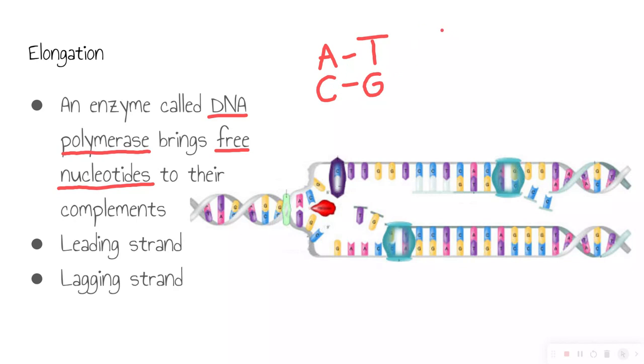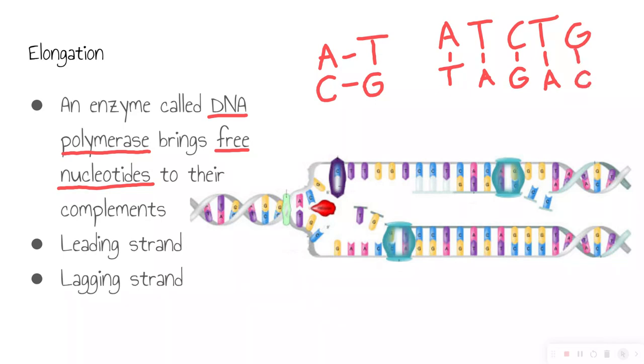So if we have a DNA strand that goes A, T, C, T, G, we're going to bring in a T to match with the A, an A to match with the T, a G to match with the C, an A to match with this T, and a C to match with this G.